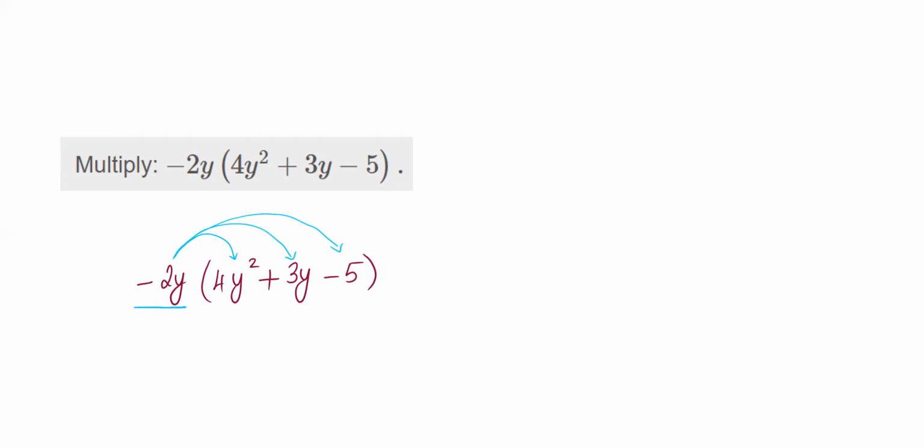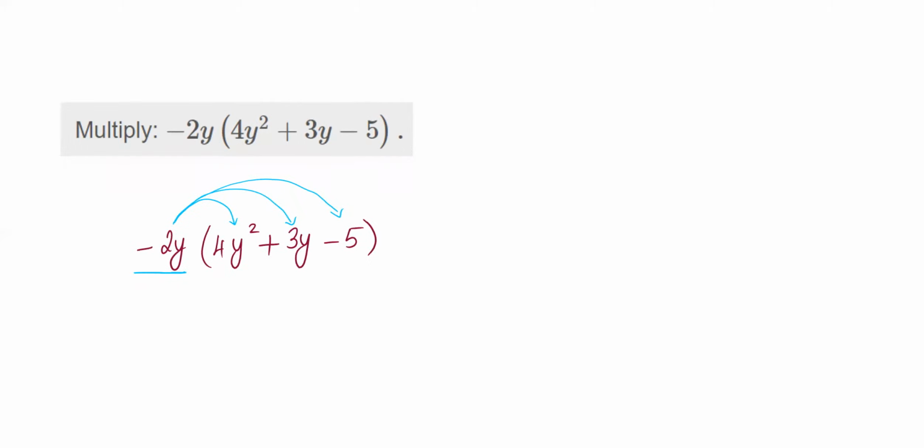Now let's look at this one. I like this one because it has a minus outside. Okay. The minus 2y is your entire term that gets multiplied to each term inside. Okay. We're going to be very careful here, so I'm going to take it step by step.